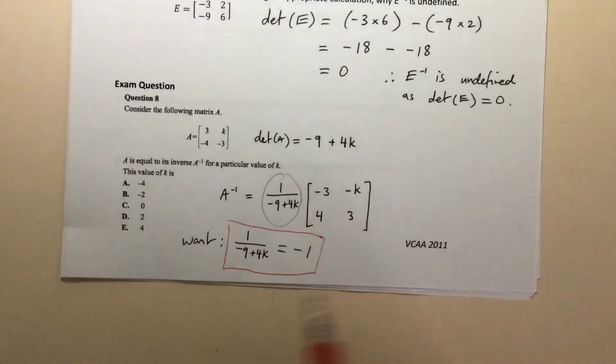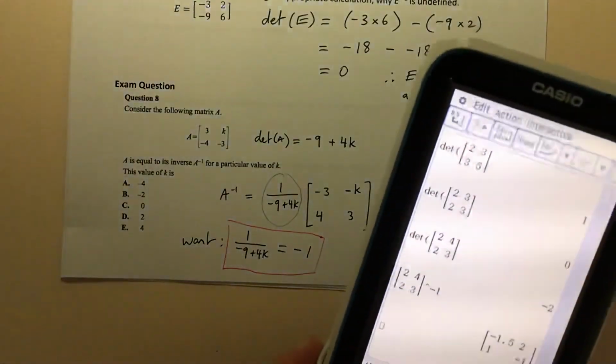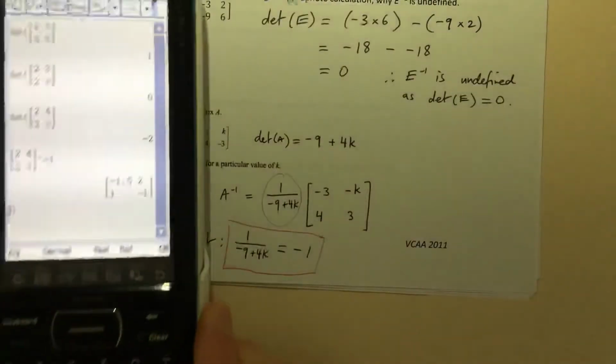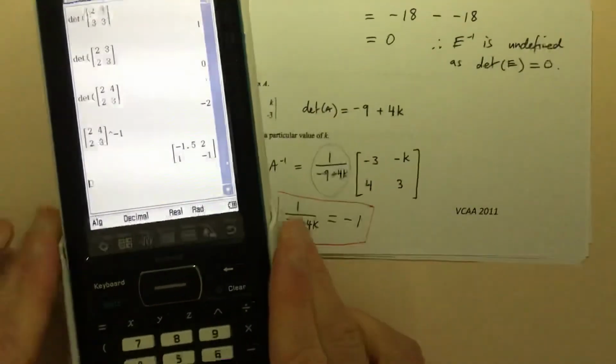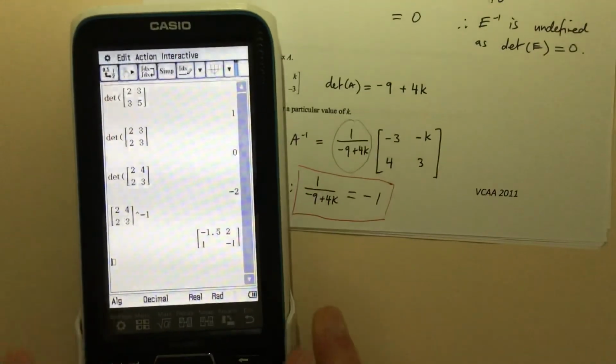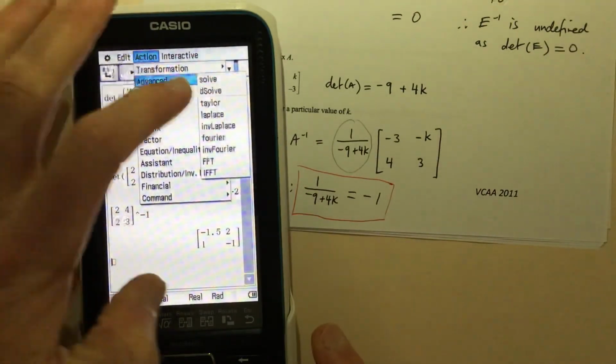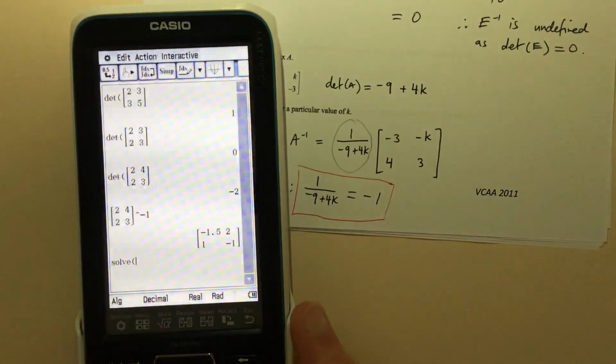And we could try to solve that for K manually, but I reckon let's just chuck that into our calculator. So anytime you're trying to find an unknown that's sort of buried somewhere in an equation, go to solve.